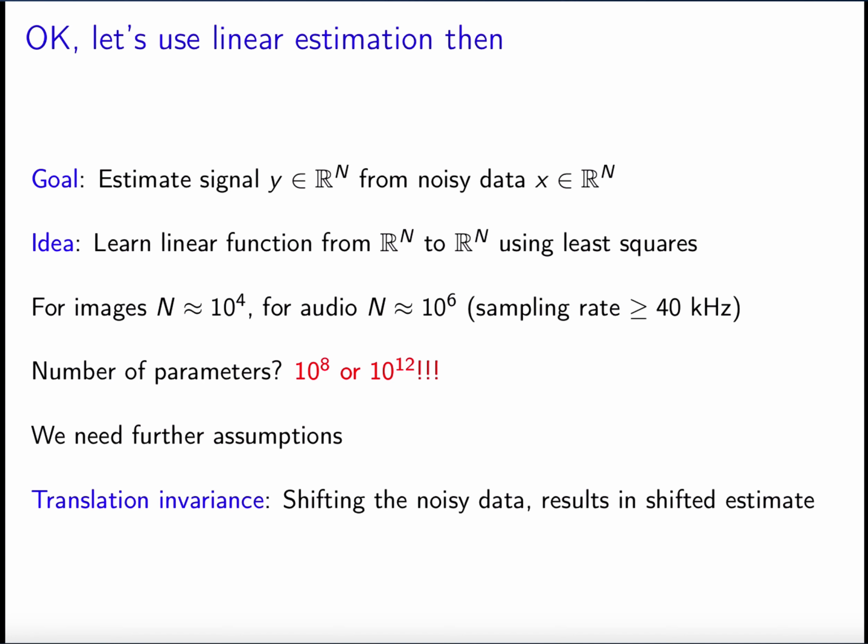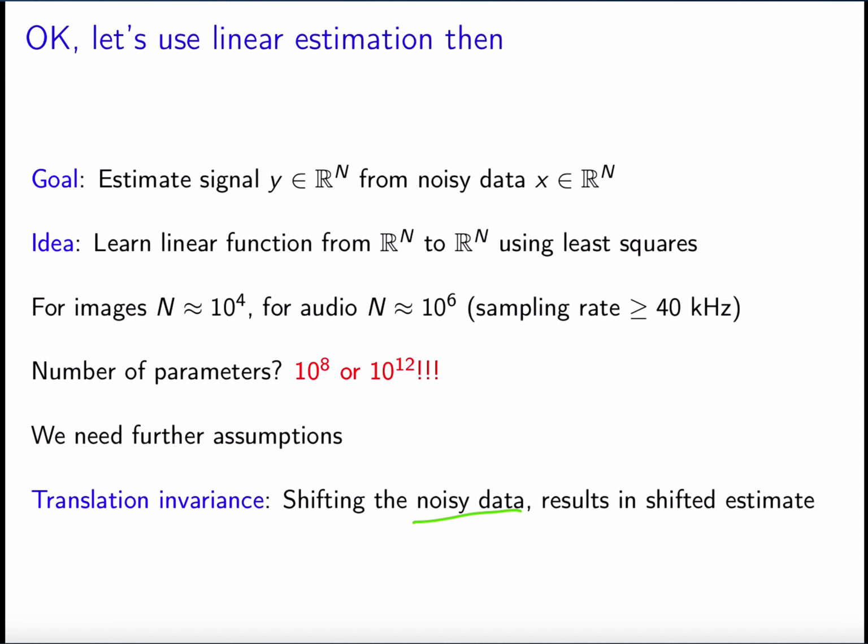And here, what we're going to consider is a very natural assumption, which is translation invariance. The idea is that if I have a noisy input x that I'm processing, and I shift it, then a reasonable assumption would be that the estimate produced by my model would just be shifted. I realize that I said that pretty badly.